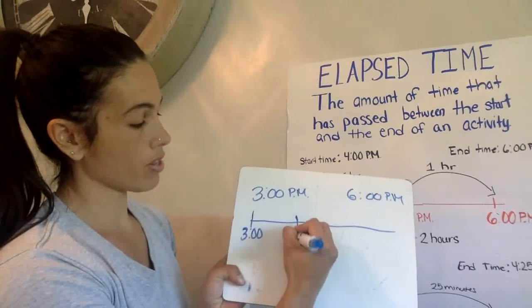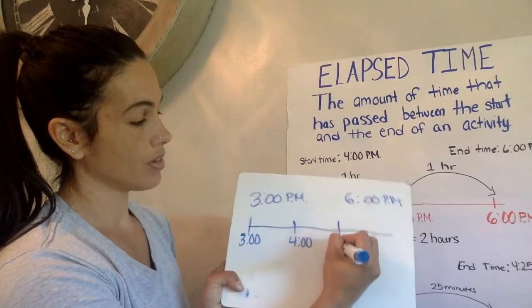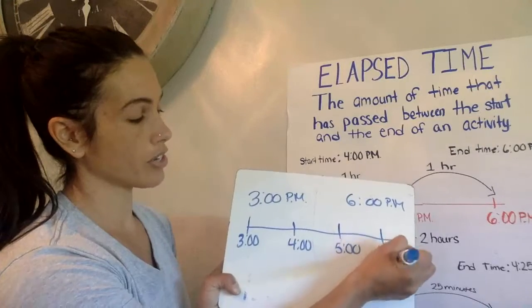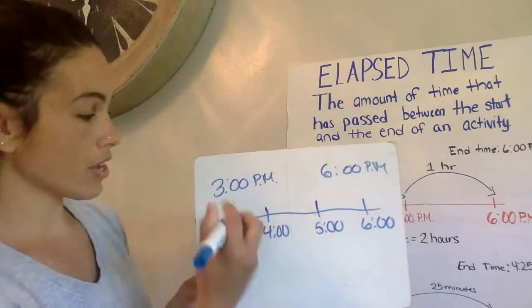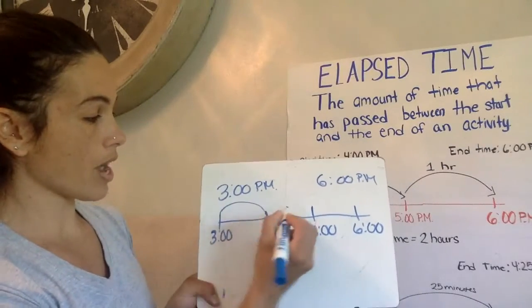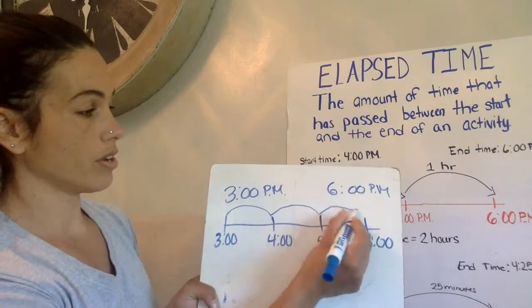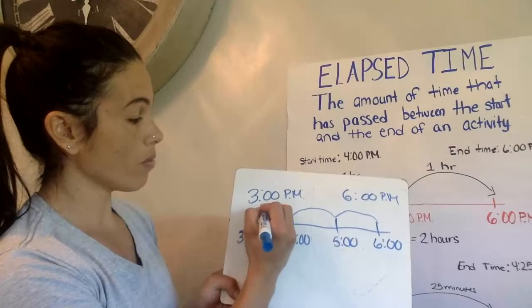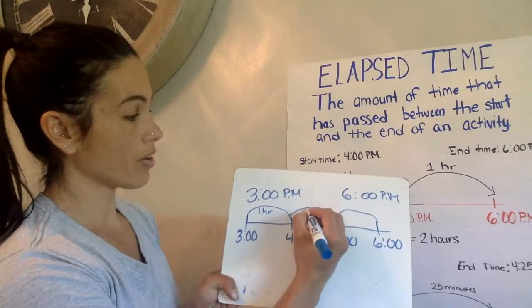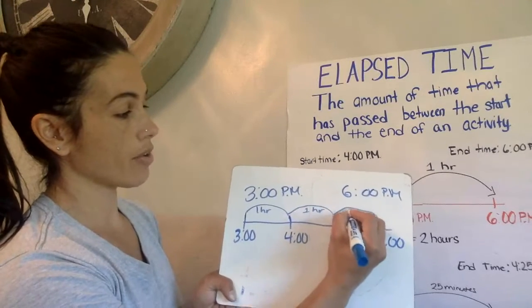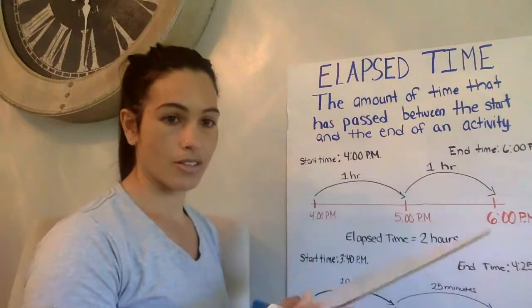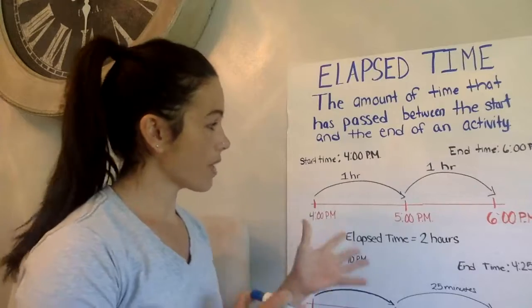And then 4 o'clock would be the next hour. 5 o'clock. And then 6 o'clock, which is our end time. So then you make your little mountain. So there's 1 hour, 2, 3. So if that's easy, you can just count it. If you need to label it, 1 hour, another 1 hour, and another 1 hour. And if you add them all together, it's 3 hours. Okay, so that is just by the hours.